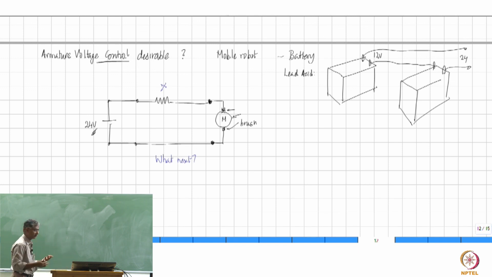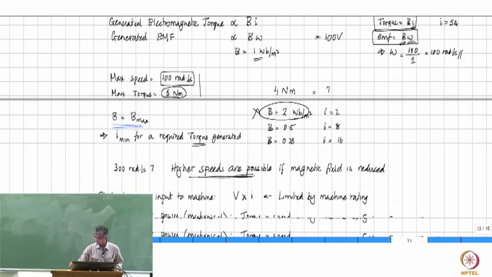The question is how to do it, and we found that putting a resistance is not the best way to do things. So then the question is what else you can do.